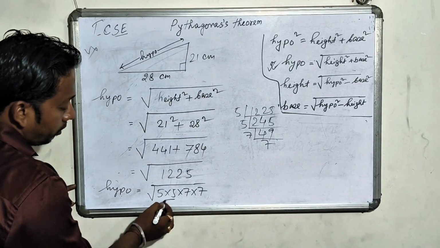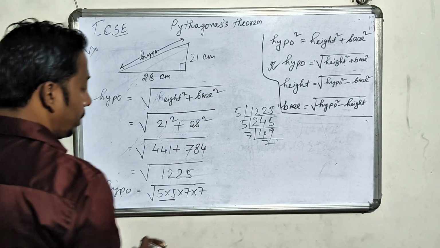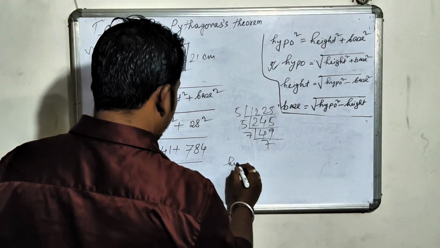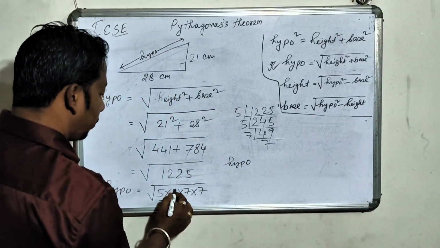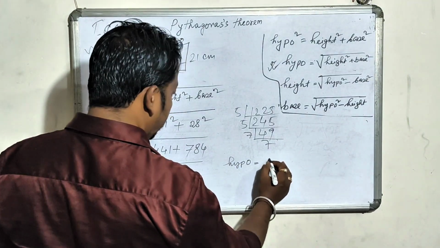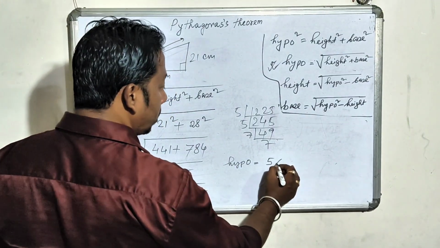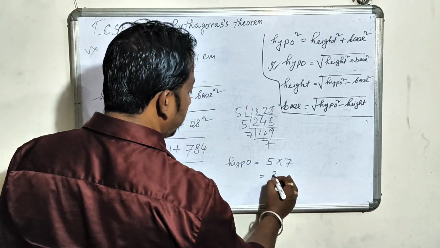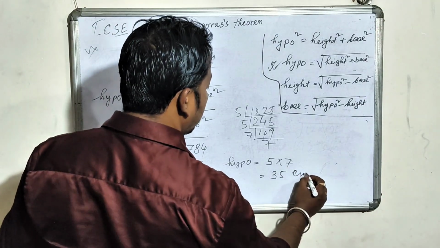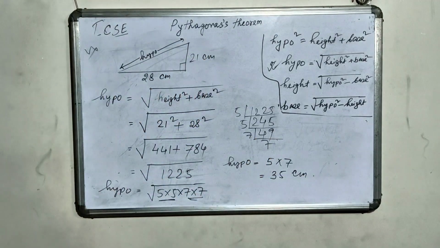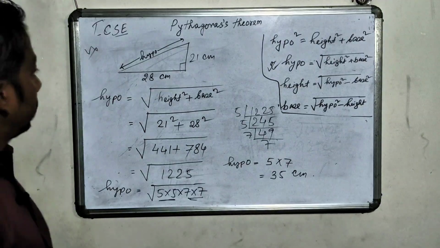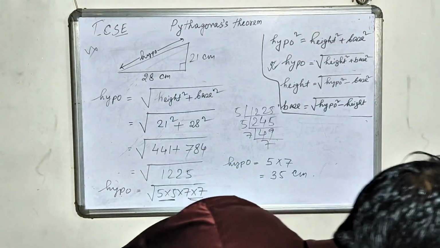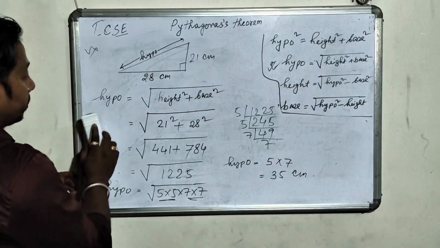So from each pair we can take a single value: from the pair of 5 we take a single 5, and from the pair of 7 a single 7. That should be 35 centimeter. Okay, we get the result. Now question number 6, we erase it.